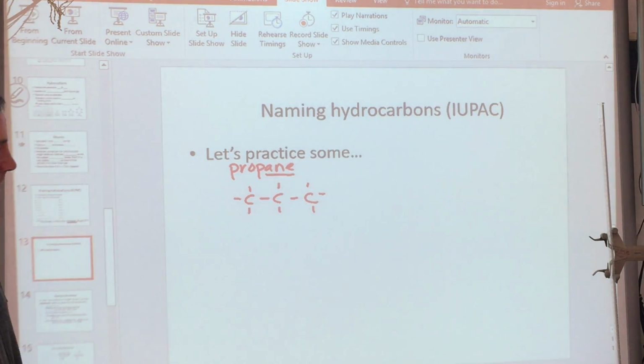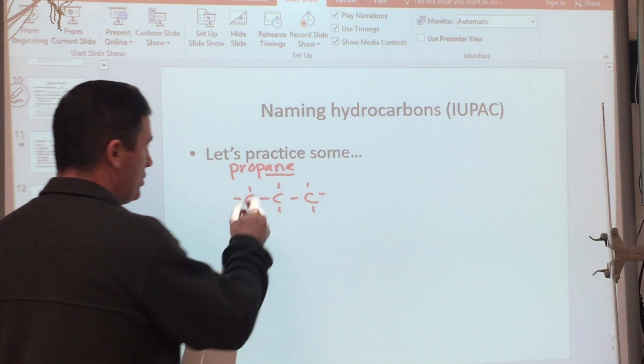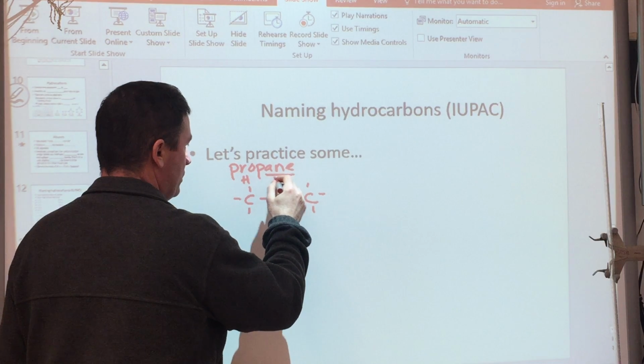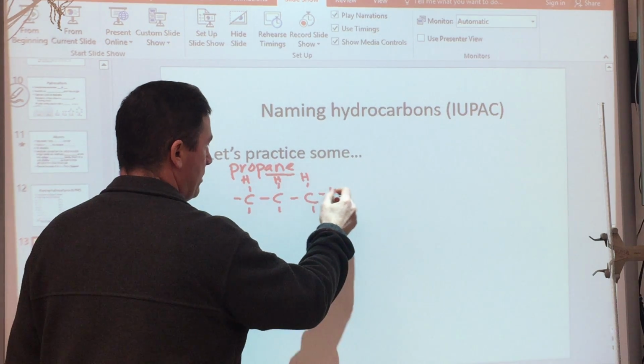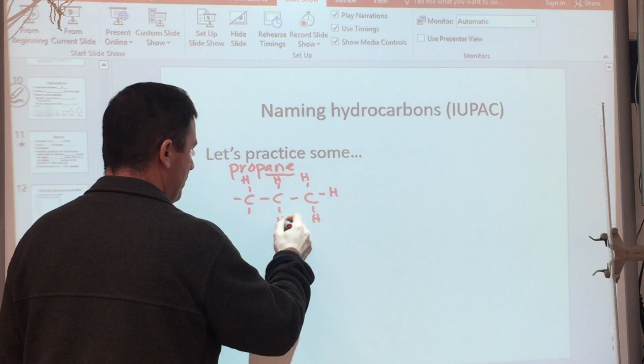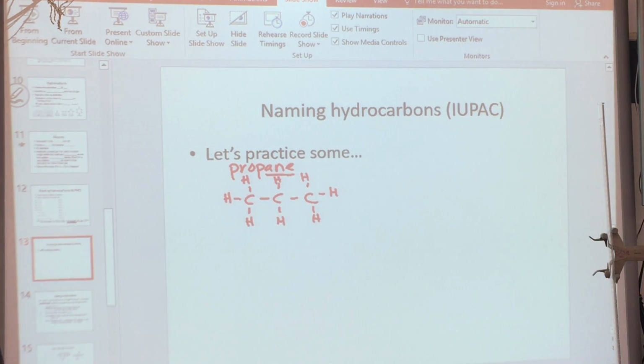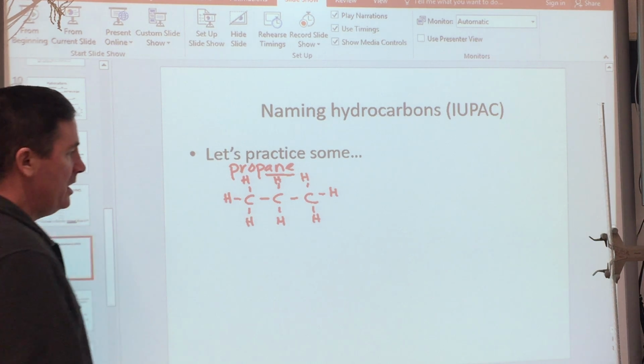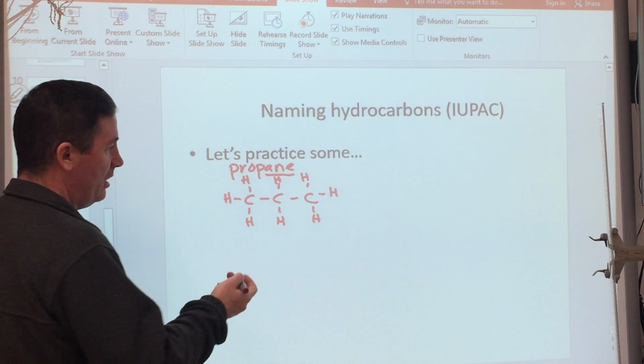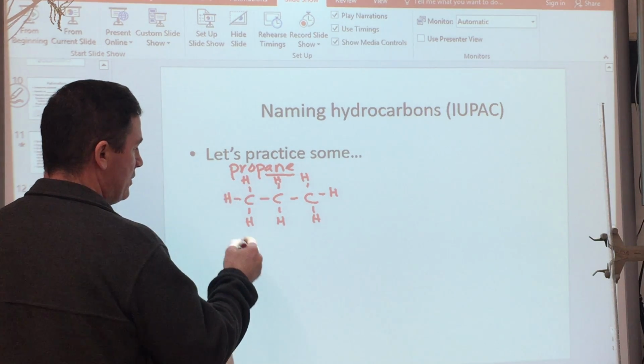Okay? Now, I could put the hydrogens around them if I wanted to. Certainly doesn't make it wrong. So there's your structural formula for propane. If we did a condensed formula, this is how I do a condensed formula.